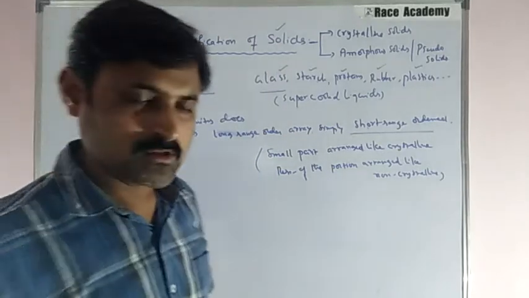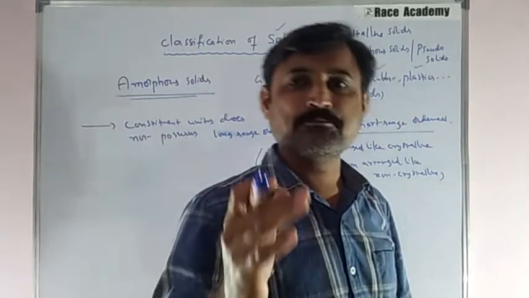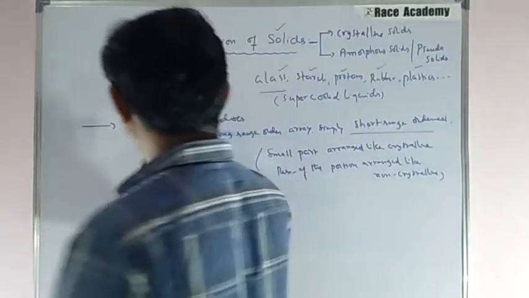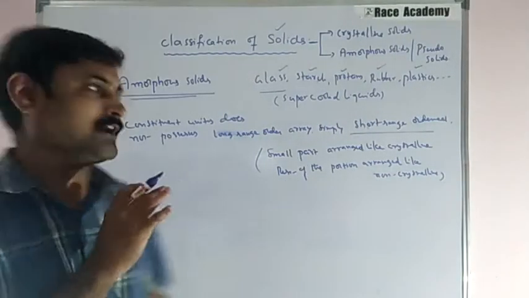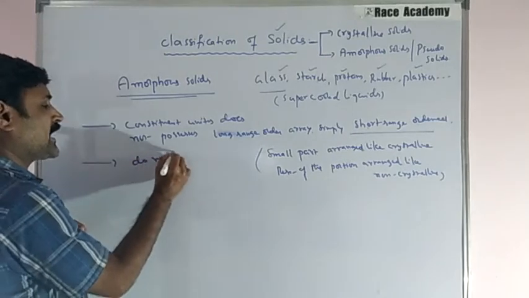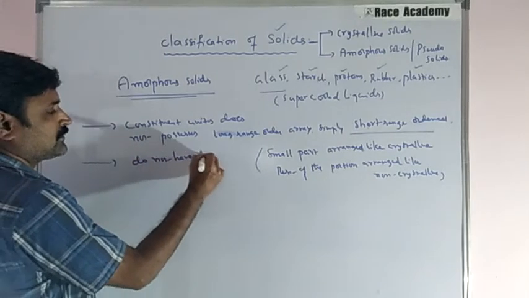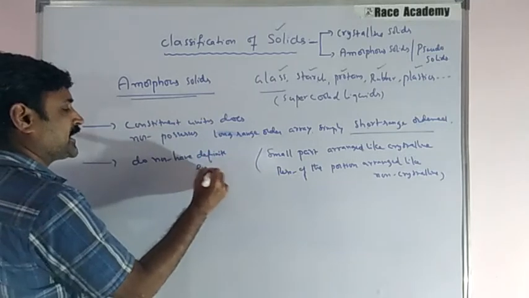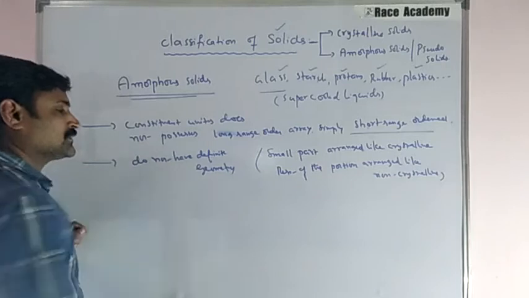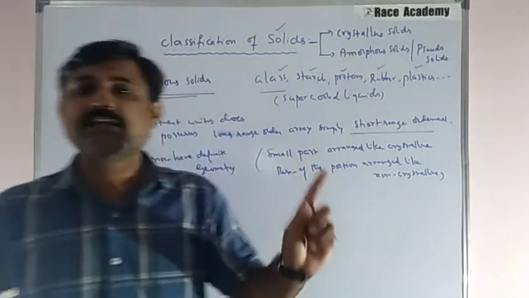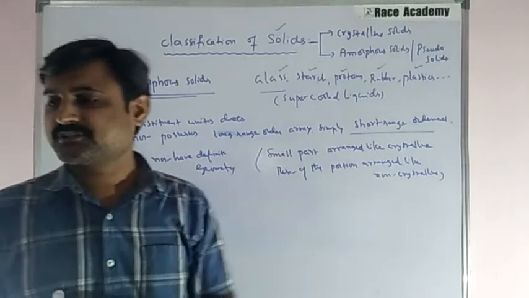Talking about amorphous solids, important characteristic properties. Amorphous solids do not have any definite geometry, whereas a definite geometry is noticed in the case of crystalline solids.